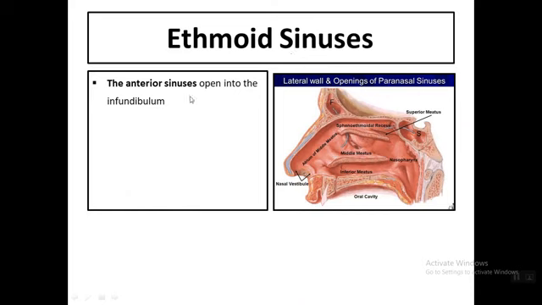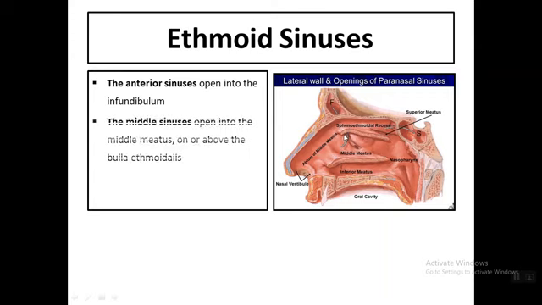The anterior sinuses will open into the infundibulum, into the middle meatus, and the middle sinuses will open into the middle meatus on or above the bulla ethmoidalis. The posterior sinuses will open into the superior meatus.